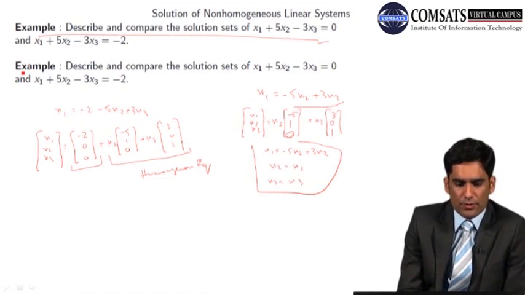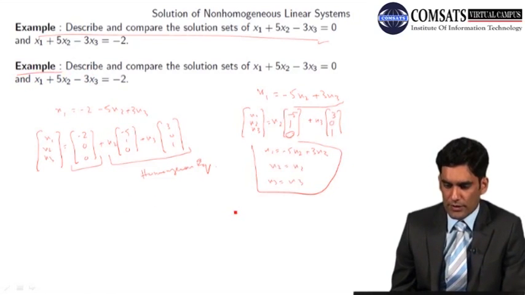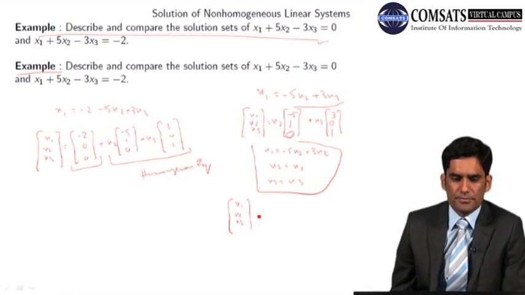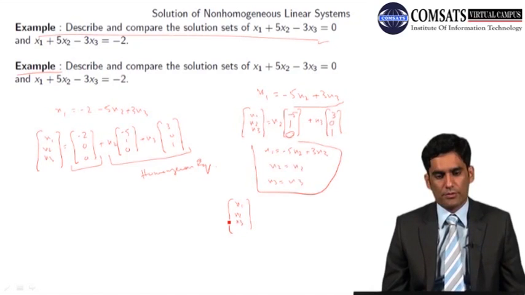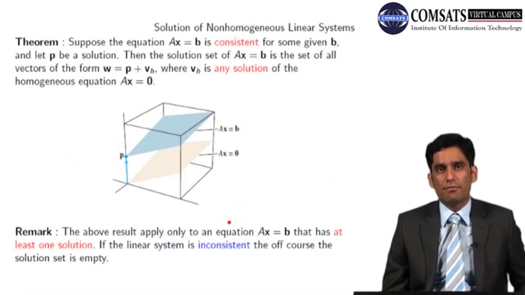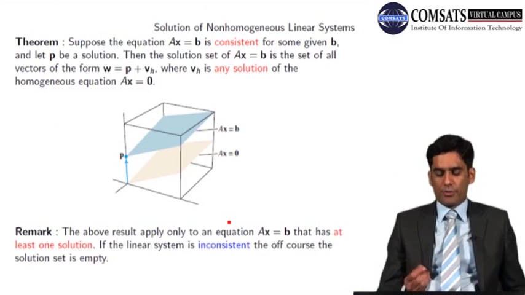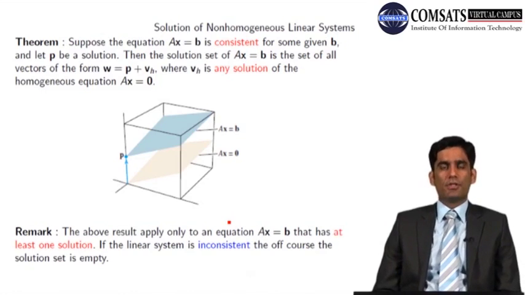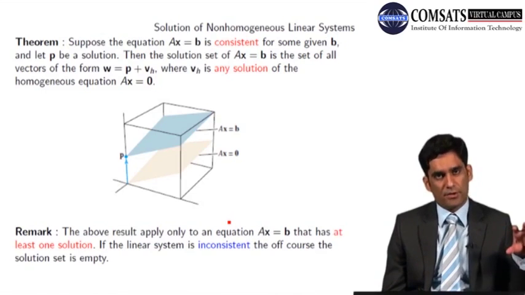Similarly, we can do this exactly for the second example, and I am directly going to write down the solution for the homogeneous system x1, x2, and x3 for the second example. In fact, these are the same examples, so we will have the same answer for these two. So we are arriving at a very important result from solving the homogeneous linear system and the non-homogeneous system with the same coefficient matrix.